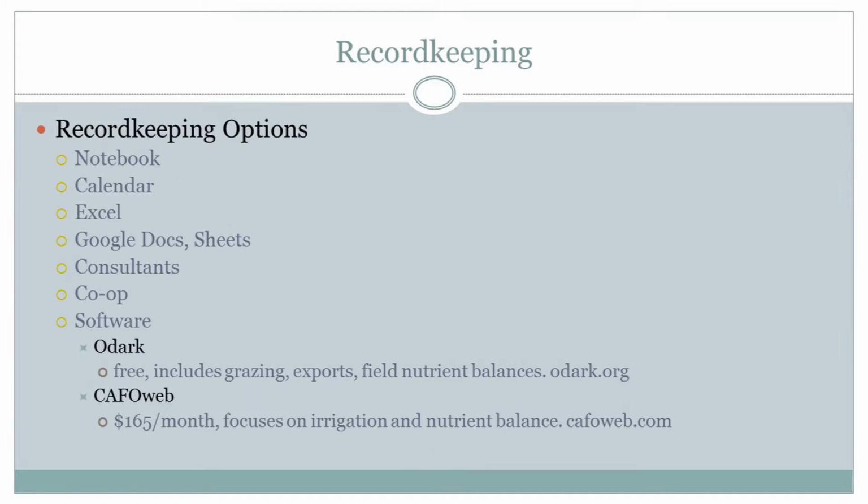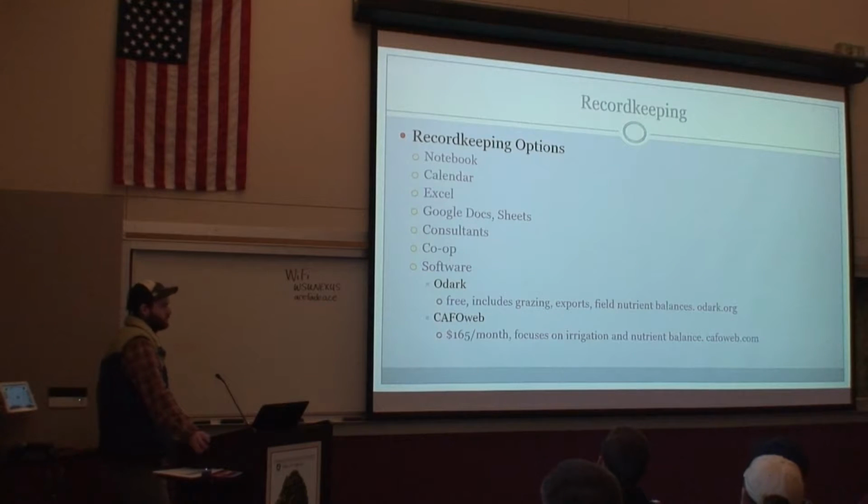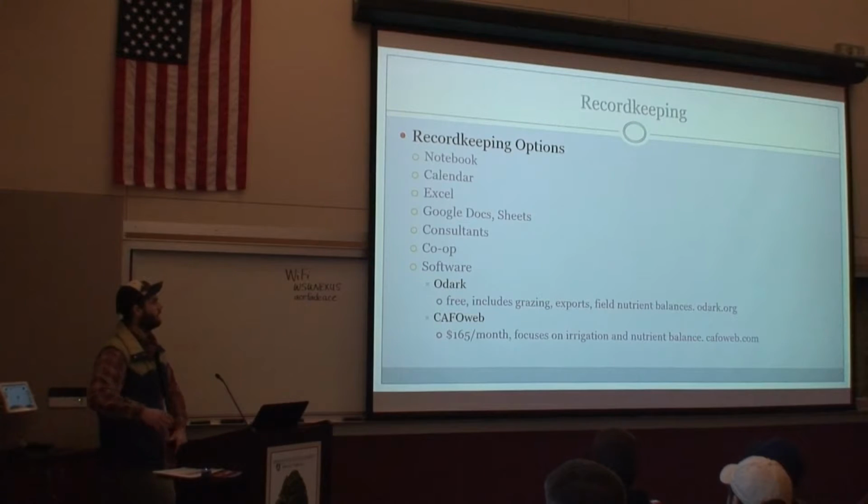In terms of options, when you're trying to display all this for me, when I'm out there on inspection taking a look at your binder or your stack of papers or whatever it is, if it's on your computer, I've seen a lot of different things, ranging from the notebook that's covered in manure that hangs out in the tractor cab to the high-tech thing that you've got on Google Docs that you can pull up on your phone.